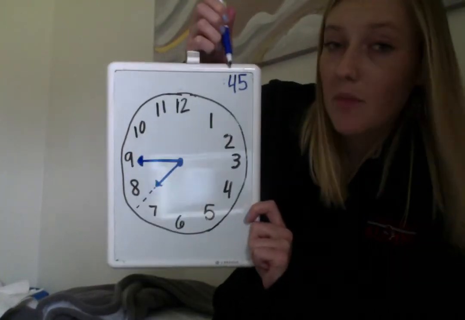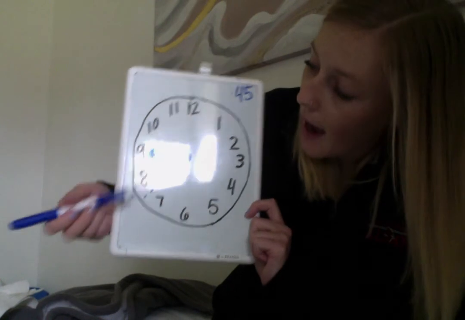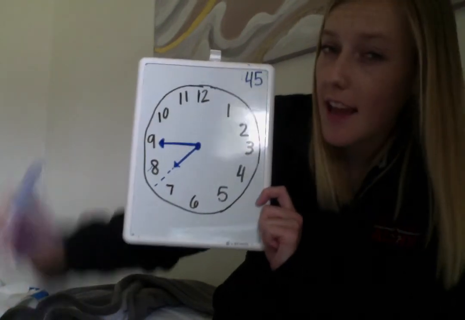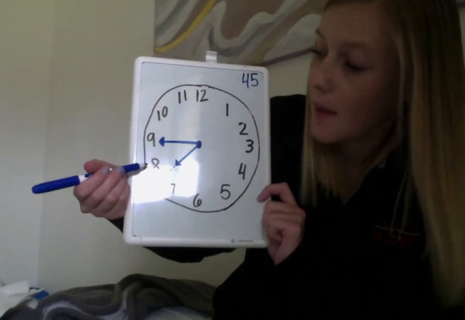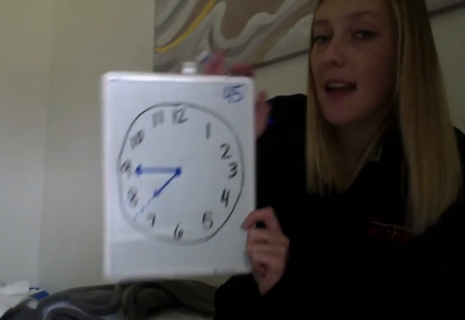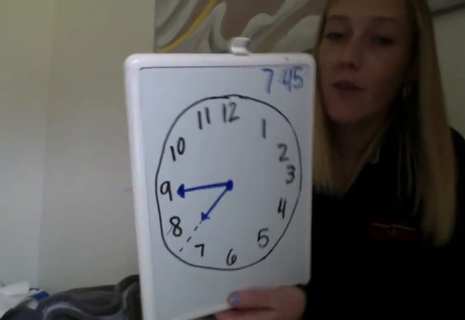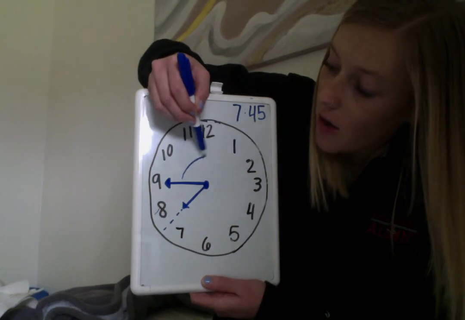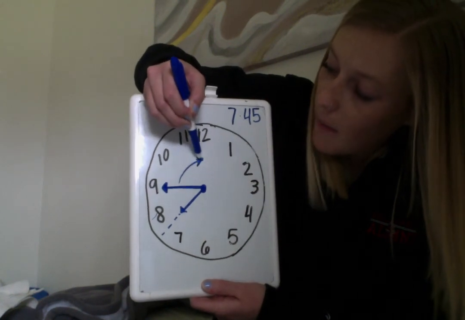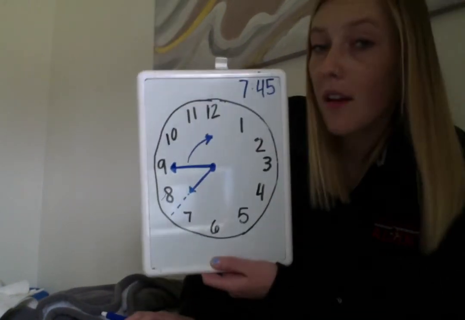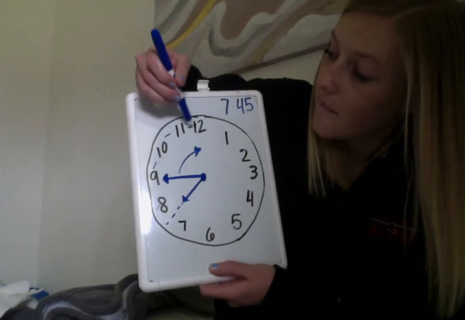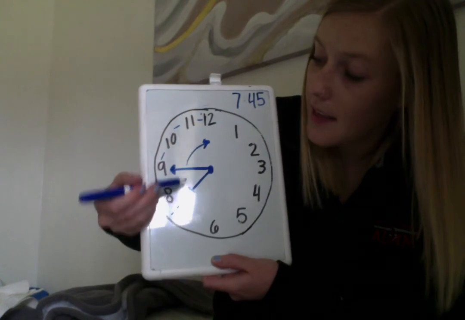And then my hour hand is in between the 7 and the 8. Has it reached the 8 yet? Nope, it has not, but it's gone past the 7, which means this clock is showing us 7:45. But that does mean that when my minute hand gets up to the 12 in 15 minutes, 5, 10, 15 minutes, this hand will then hit the 8, and then it will be 8 o'clock.